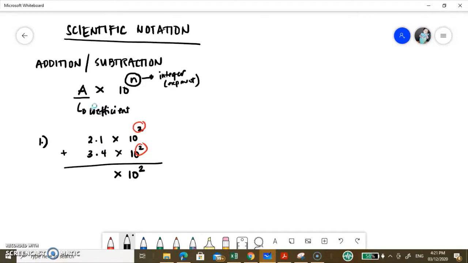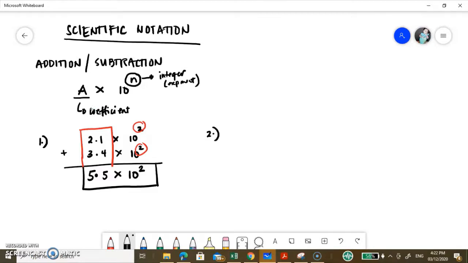And then, i-add nyo lang tong ating coefficient. If you're going to add decimals, you make sure that the decimal point is aligned. Naka-align naman siya. And then, 1 plus 4 is 5. 2 plus 3 is 5. So, your answer would be 5.5 times 10 squared.